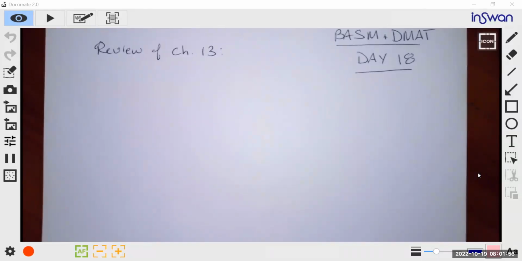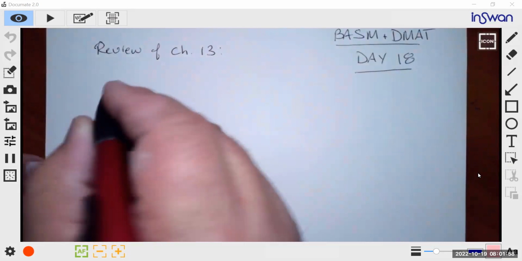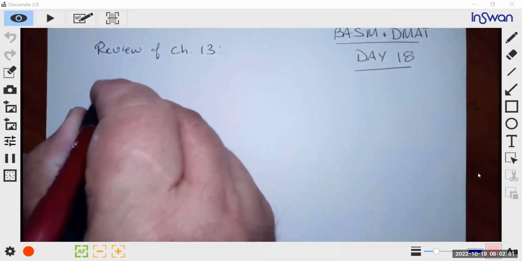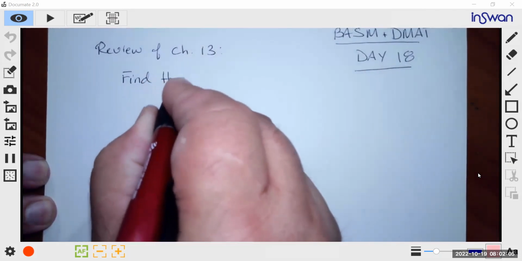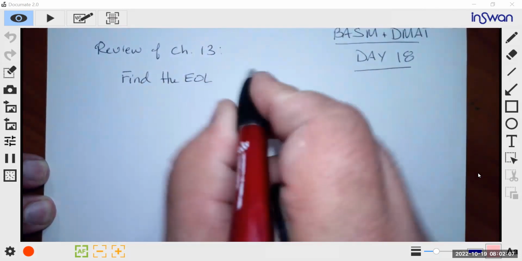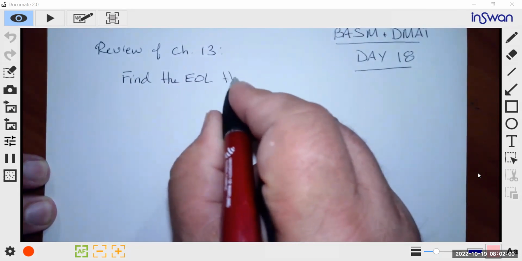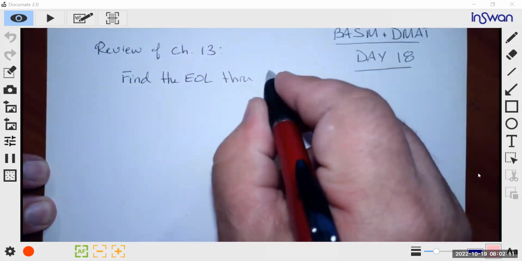All right, any questions over chapter 13? In other words, if I gave you this, find the equation of the line that goes through these 2 points.